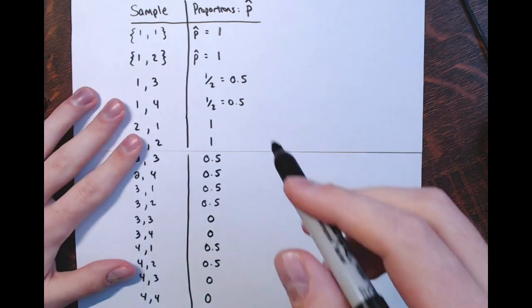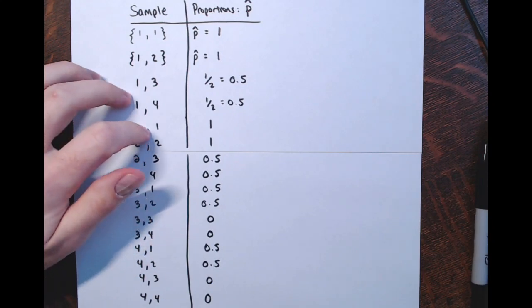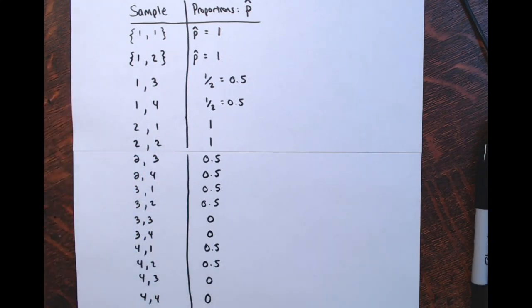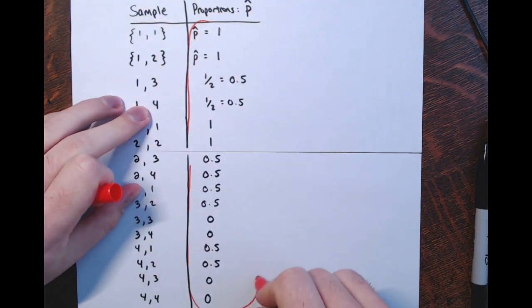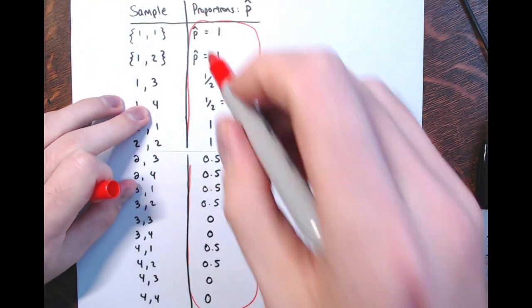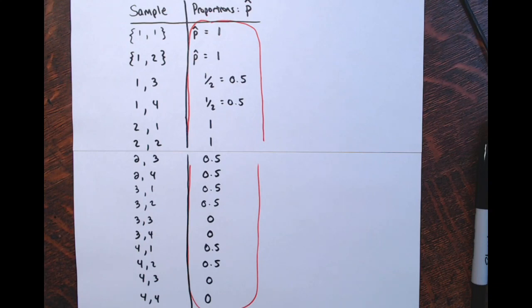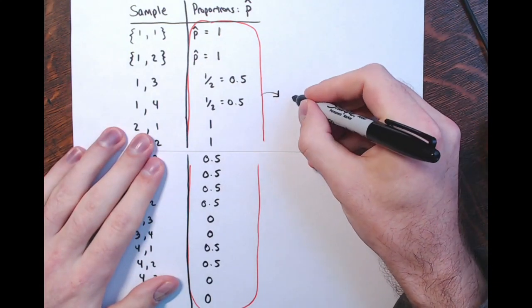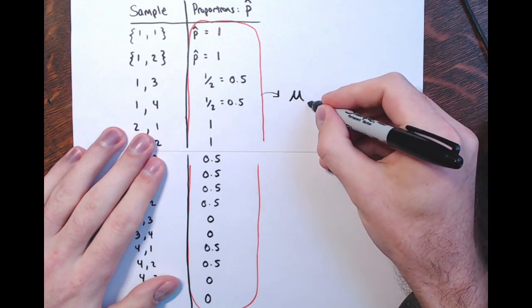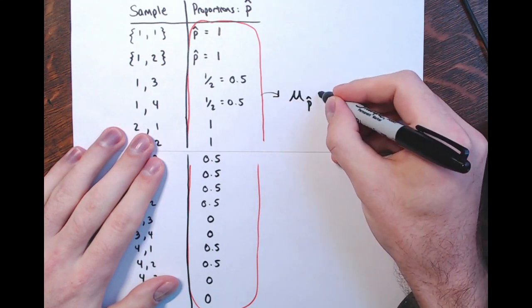Now what I'm going to do next is look at the distribution of the p hats, all the proportions, and look at the mean of these p hats.